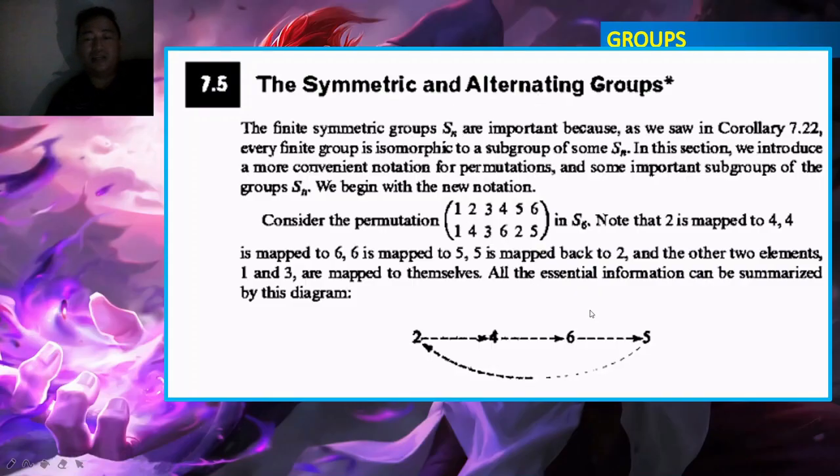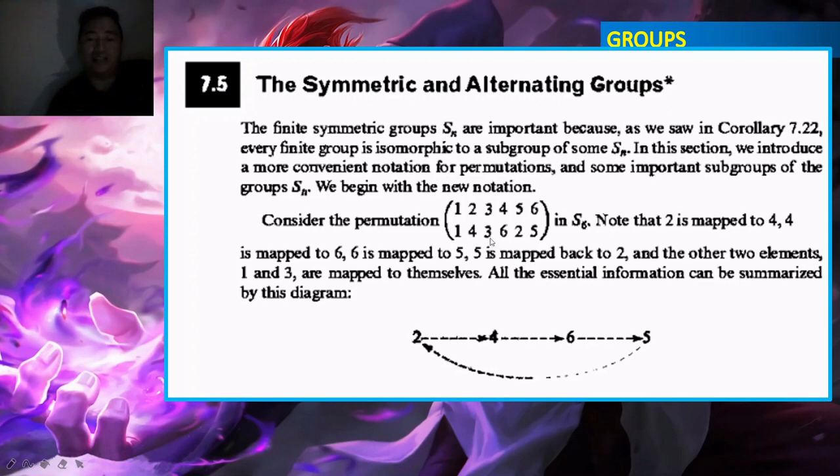Now the symmetric groups S_n. Let us consider a permutation in S6: 1 goes to 2, 2 goes to 4, 3 goes to 3, 4 goes to 6, 5 goes to 2, and 6 goes to 5. Note that 2 maps to 4, 4 maps to 6, 6 maps to 5, 5 maps to 2, and the other two elements, 1 and 3, are mapped to themselves.